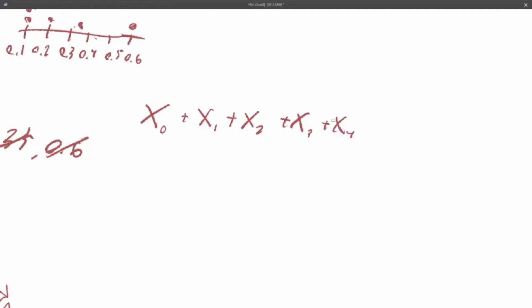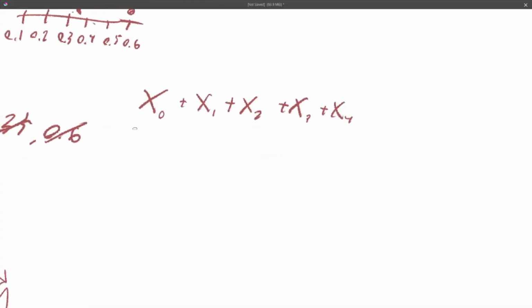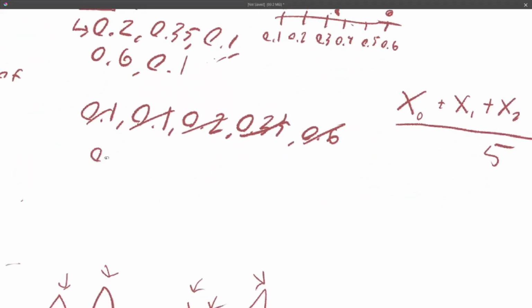Boom, we have all 5 of them. I know I started at 0. There's a reason for that, which you'll learn later. Ooh, I know, suspenseful. You divide by 5, because there's 5 of them. That's the average. So in this case, it's 0.1 plus 0.1 plus 0.2 plus 0.35 plus 0.6 over 5.